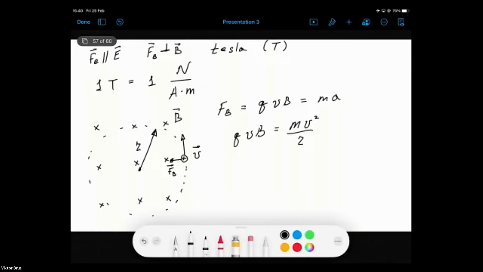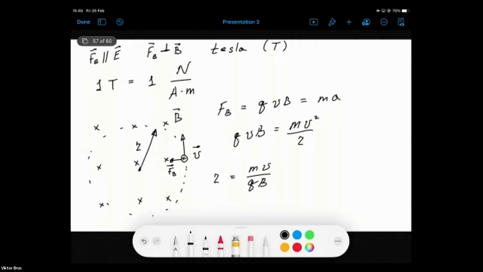So from this equation, we can express some unknown parameters. For instance, we know mass, magnetic field, and speed, so we can calculate the radius of this trajectory. That will be equal to m times v divided by qB.